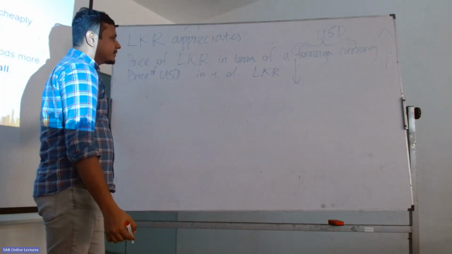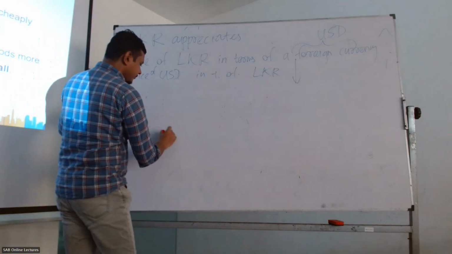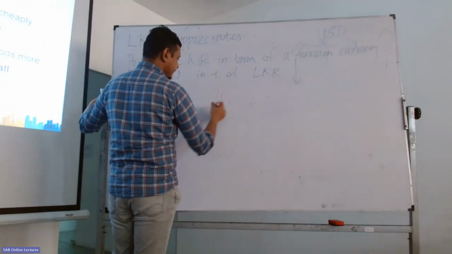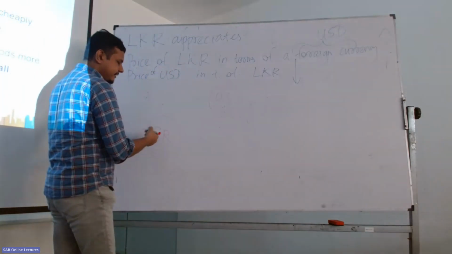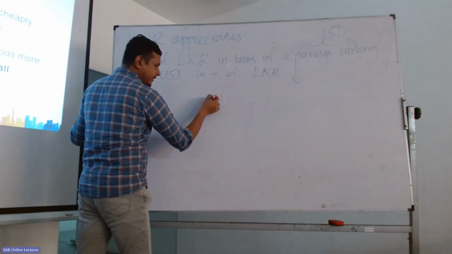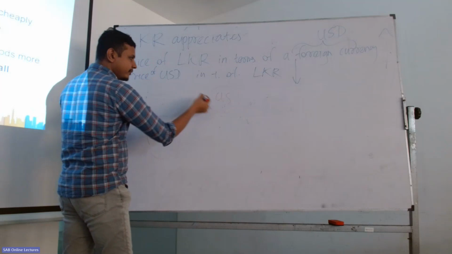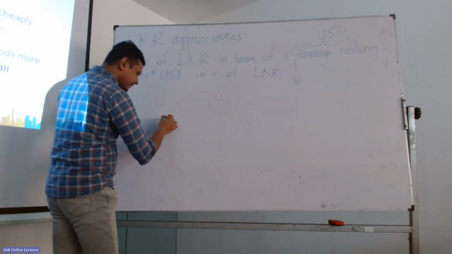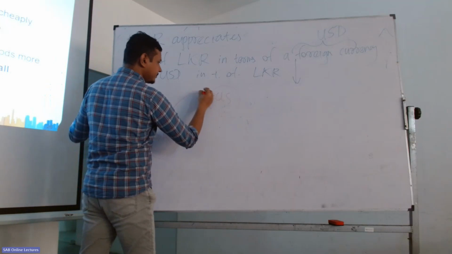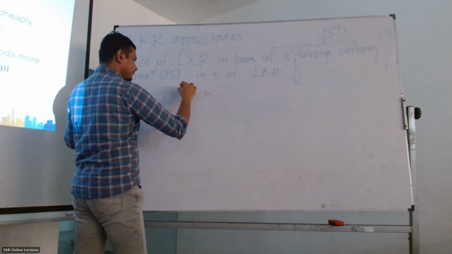the exporters of Sri Lankan goods, this is Sri Lanka. For simplicity, let's assume USD is the country of USA. The trade happens between Sri Lanka and the US. Importers from the US who import Sri Lankan commodities, that means Sri Lankan exports.